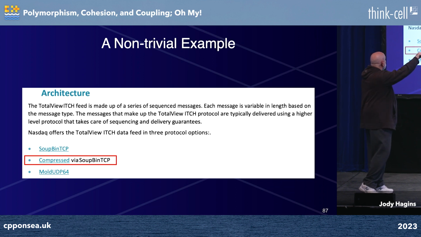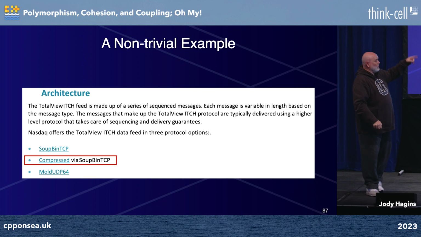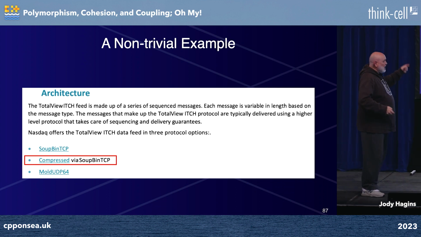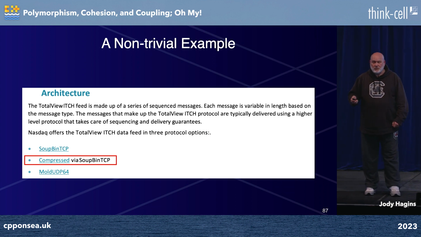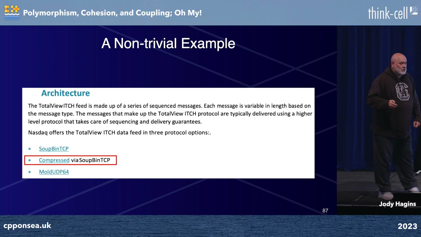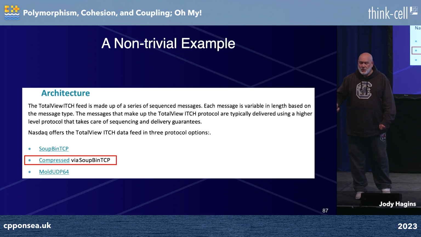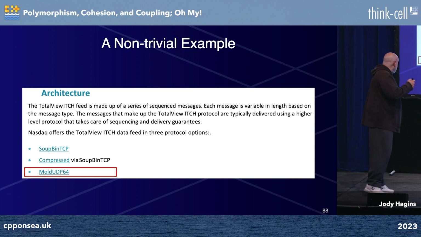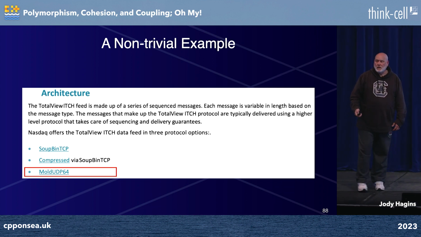I can't see it up there, it doesn't show up in the white. You start receiving those as part of your TCP feed, okay? The compressed one, they compress it first with zlib compression, so they compress it before it goes onto the wire. You're supposed to uncompress it before you start processing it. And then they have one called MoldUDP64.